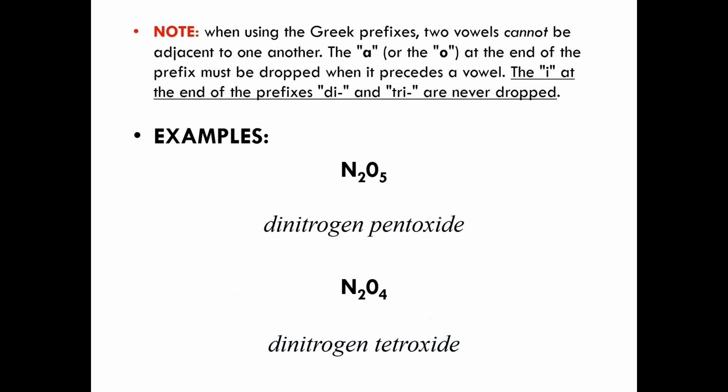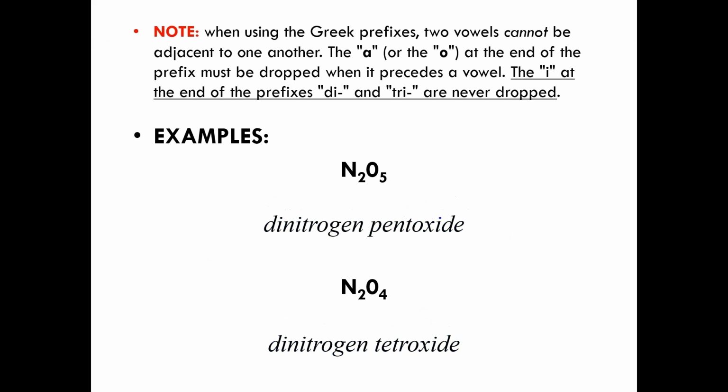So it does add some fluidity, but it is an odd restriction. However, it's a very, very important restriction to take note of, because if you do not drop the vowel at the end of the prefix, in fact, the name that you've written is incorrect. It is considered to be wrong. And so if you were to write dinitrogen pentaoxide instead of pentoxide, you wouldn't get the mark for that particular name.